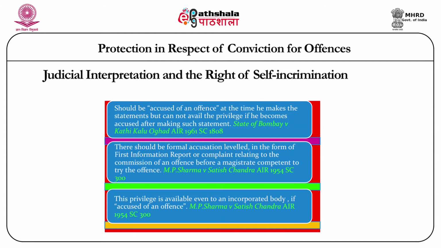In another case, MP Sharma versus Satish Chandra, the Supreme Court in the year 1954 further clarified that for attracting the benefits of this article, there should be a formal accusation levelled in the form of a first information report or complaint relating to the commission of an offence before a magistrate competent to try the offence. This privilege is available even to an incorporated body if accused of an offence.